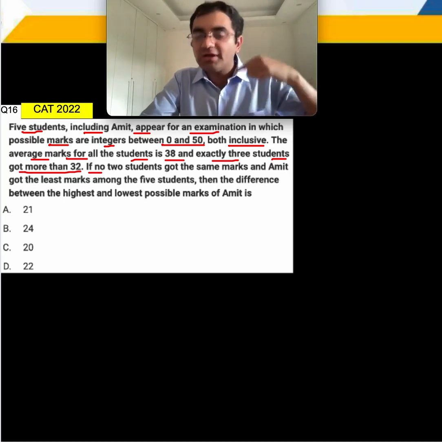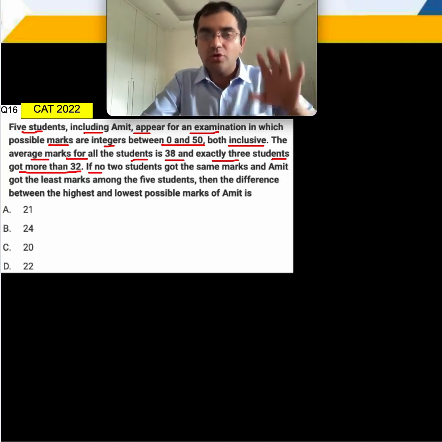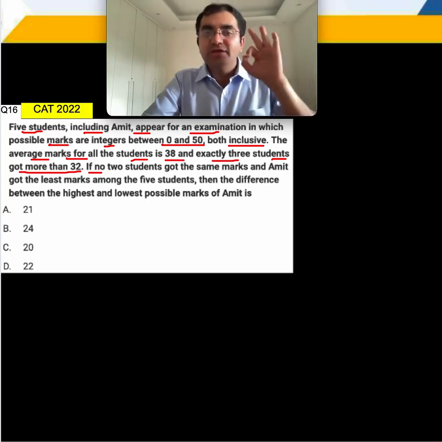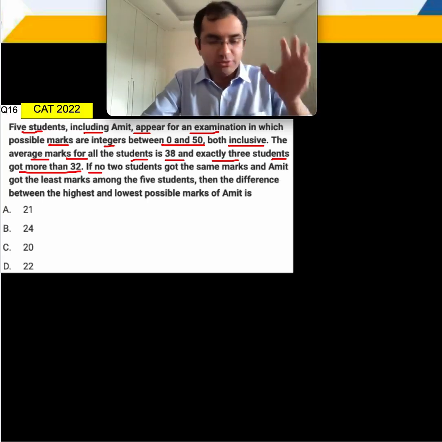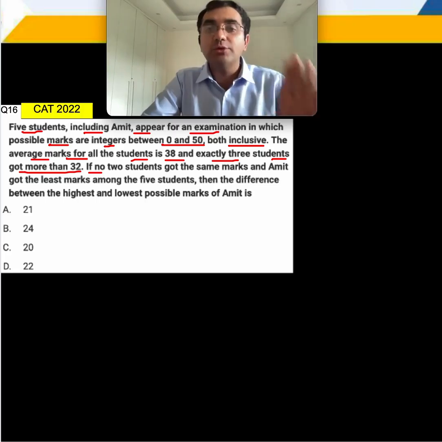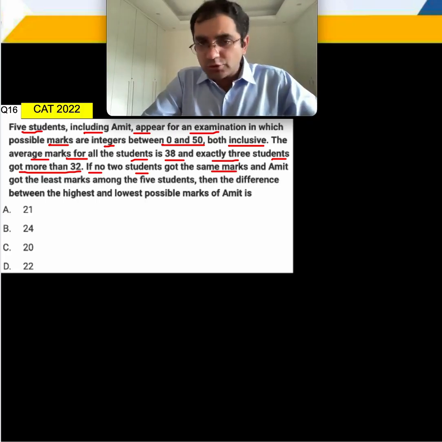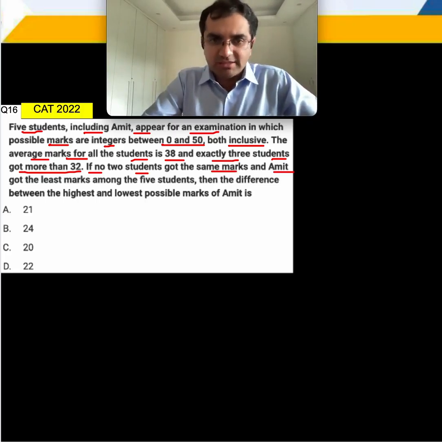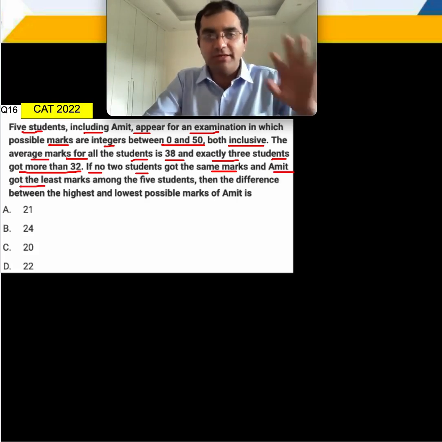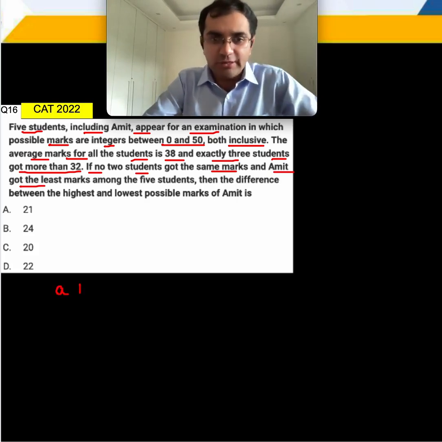3 students का 32 से ज़्यादा है, बाकी 2 का less than equal to 32 है. 3 students got more than 32, the other 2 got less than equal to 32. No two students got the same marks, and Amit got the least marks. Amit के least है, Amit के marks A ले लो, बाकी 4 students ले लेते हैं.